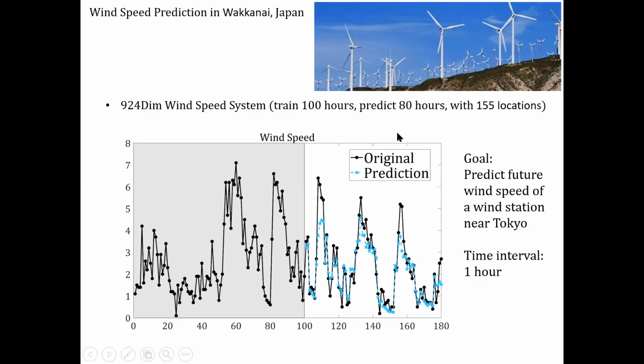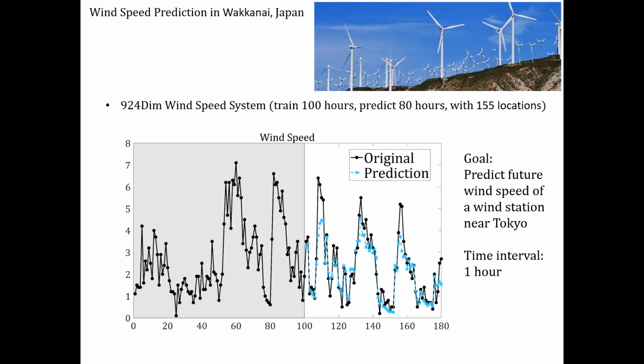Then we pick one for prediction. So it's high dimensional data, 155 locations, and then we predict one of them. We train on 100 hours, then predict the remaining 80 hours. So it's a multi-step ahead prediction.